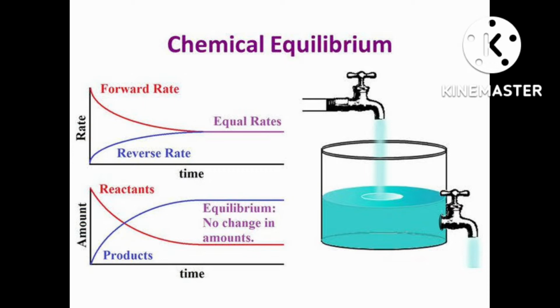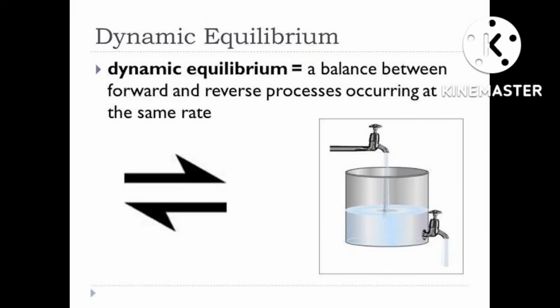When sufficient molecules from the liquid have gone to the vapor and their number becomes large, then again they will come back. Going to the vapor, from vapor coming back, that is called equilibrium state.